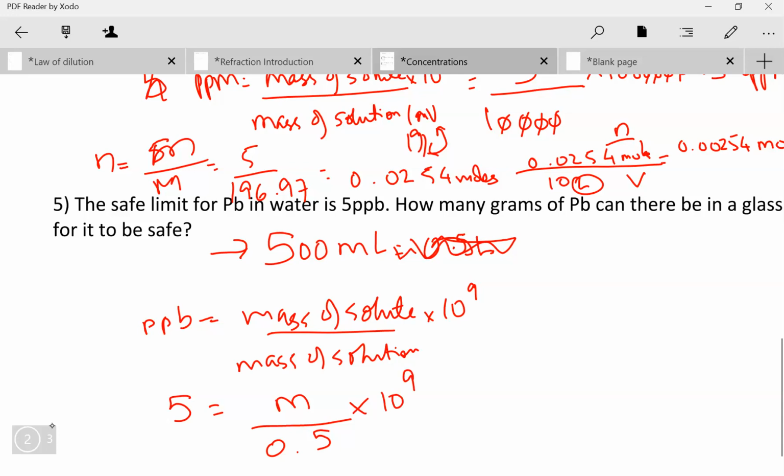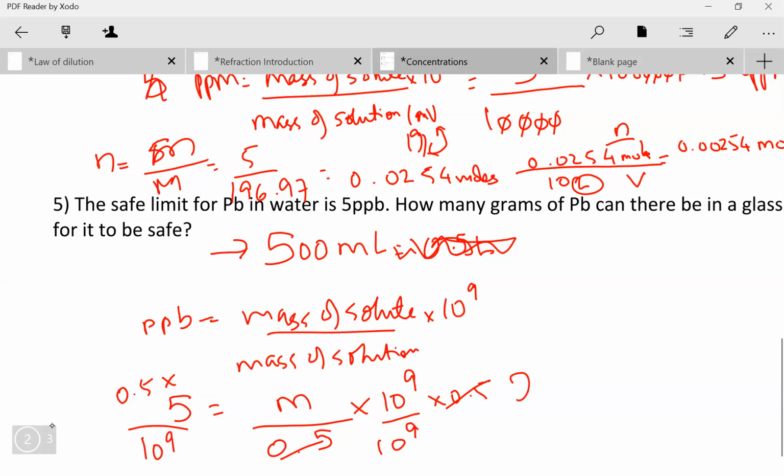So to solve for m, basically, we have to multiply both sides by 0.5 to get rid of the 0.5 at the bottom, right? And then we have to divide by a billion to kind of get that out of the way.